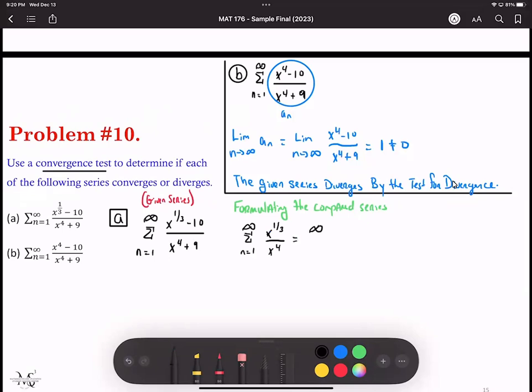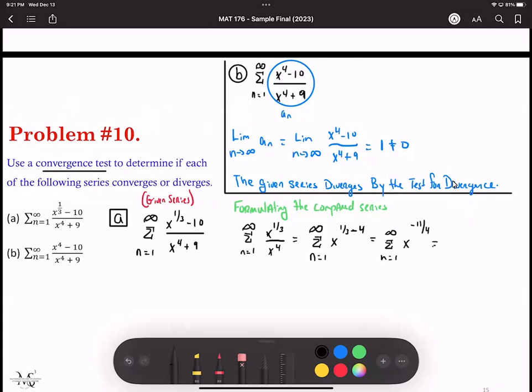Now, you're just going to do a few rewrites to this. Since your bases are the same, you can subtract the exponents, 1/3 minus 4. Because I'm running low on time here, I'm just going to say what that answer is. So 1/3 minus 4 is negative 11 over 3.